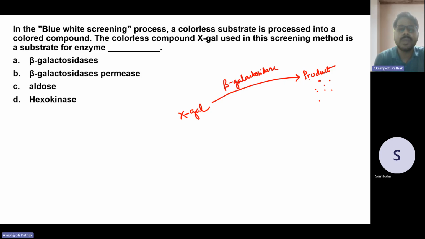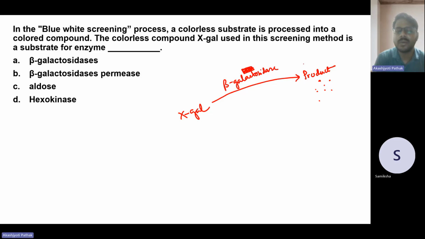This can also be used for screening recombinant and non-recombinant clones. You clone your gene of interest in the beta galactosidase gene. If you do that, then this beta galactosidase protein cannot be synthesized anymore.